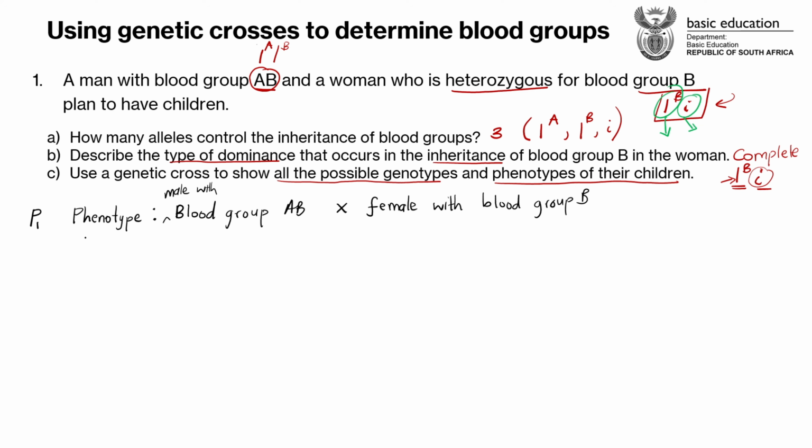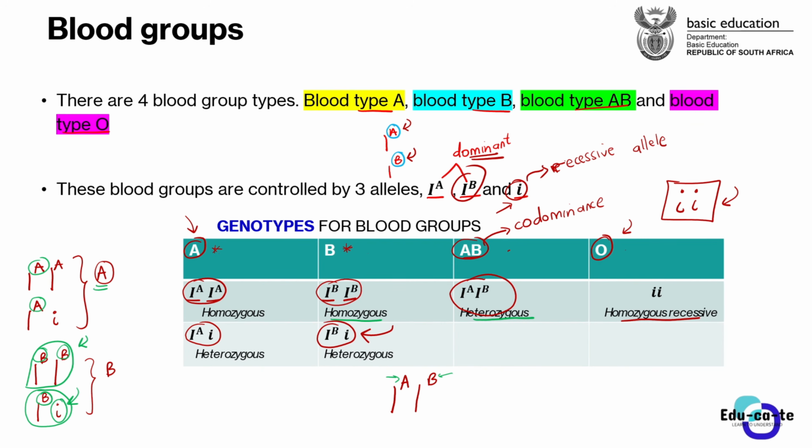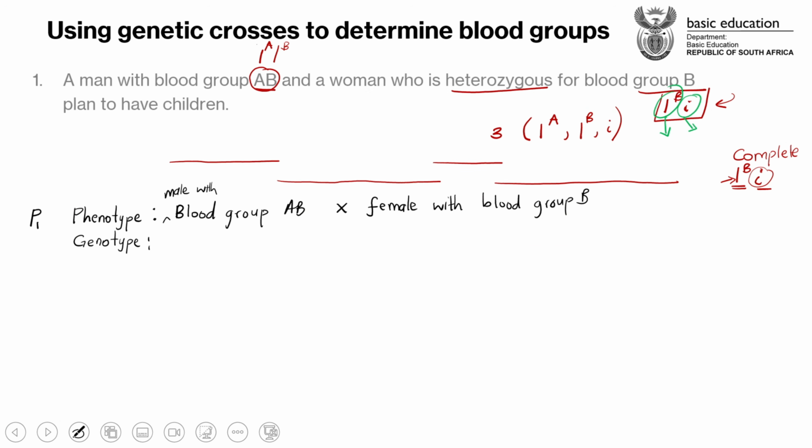You are crossing them, and then now you state their genotype. So the genotype for the man with blood group AB is only one possibility. Whenever you have got blood group AB, you only have got one possibility in the heterozygous condition.